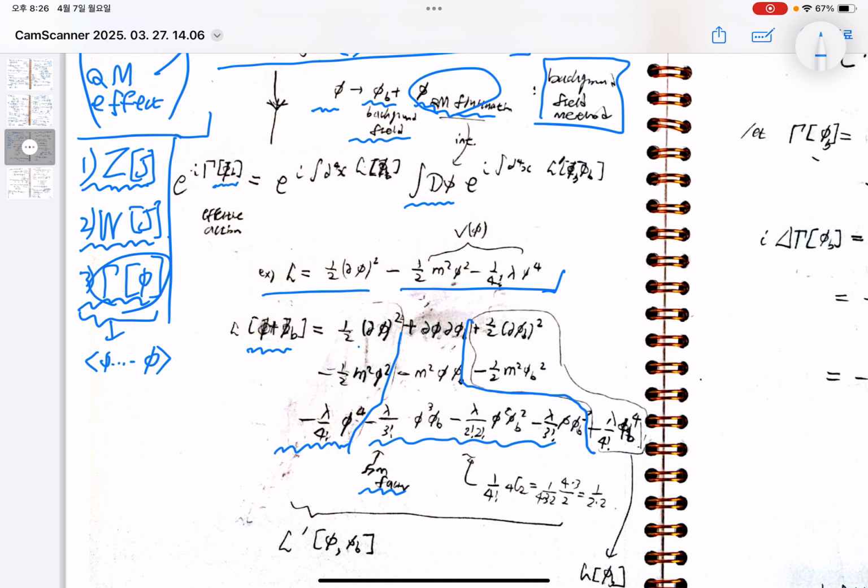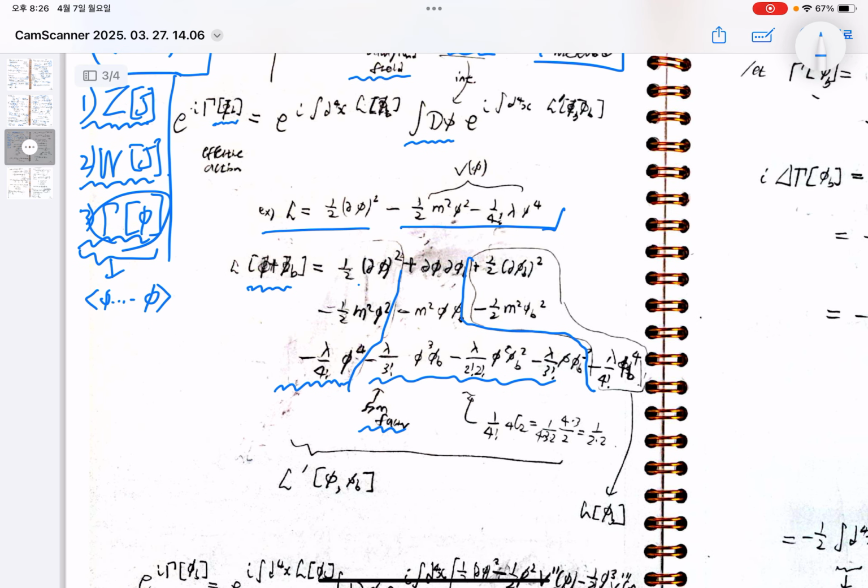Such symmetry factors can be obtained by the combinatorics of the field. If we collect the terms consisting only of the background field, they become the Lagrangian with only the background field, but the other terms become lambda prime of phi and phi_b.